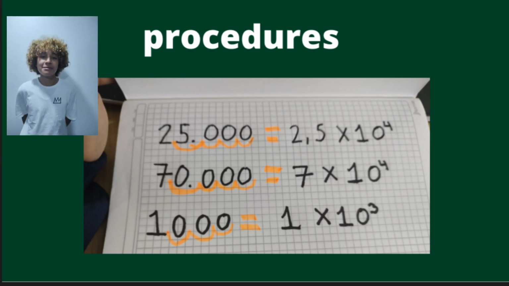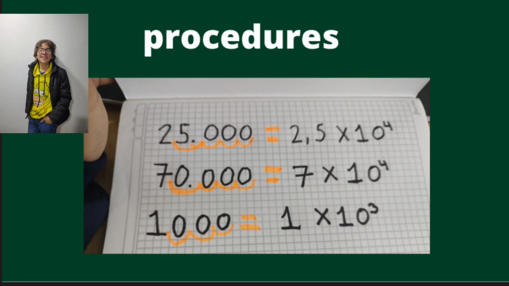In the second, you see the 17,000, and you need to move the point to the left 4 places. First the 0, move the 0, move the 0, move the 0, and yet 7, because the 0 does not count, and the solution is 7 multiplied by 10 to the 4.